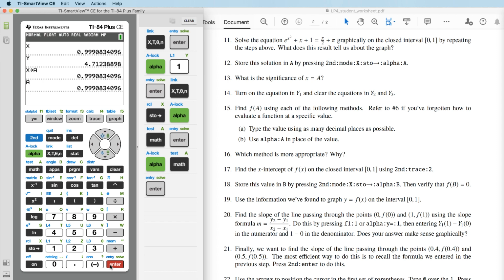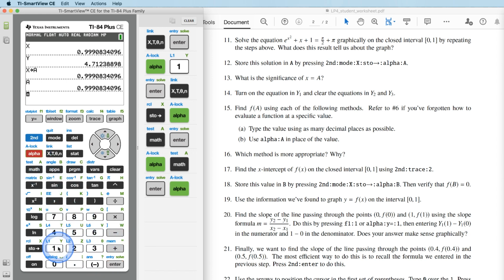So now if I go back in with a new function and get a new point of intersection, the calculator will automatically overwrite what's stored in X, but it will not overwrite what's stored in A until I specifically do it myself. So that's really nice. I don't know that we need to store the Y value in the coming questions, but we can do it just for practice.